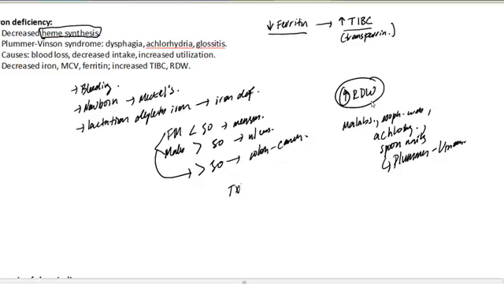My treatment is going to be ferrous sulfate. And you've got to remember, we can also give ferrous gluconate.